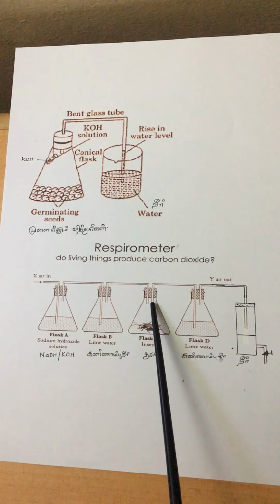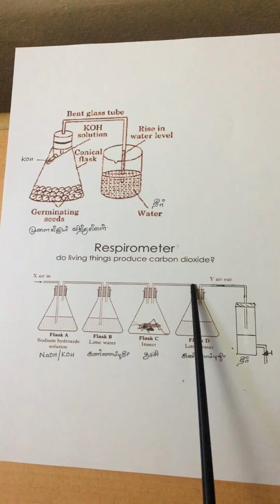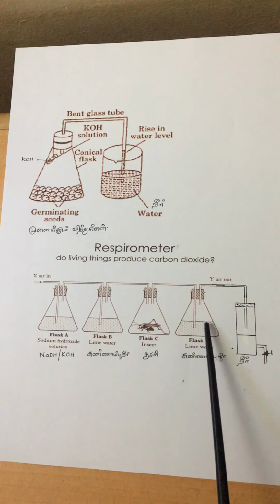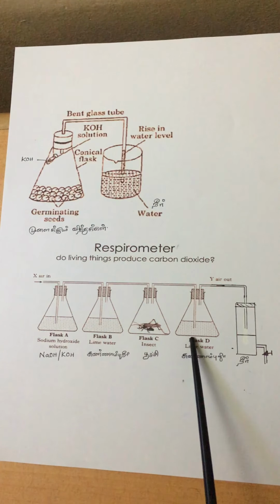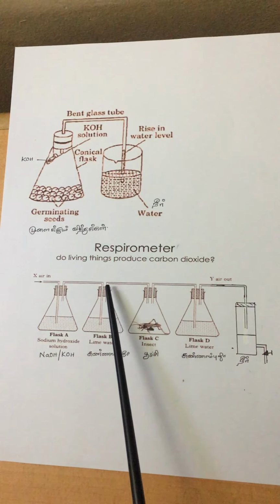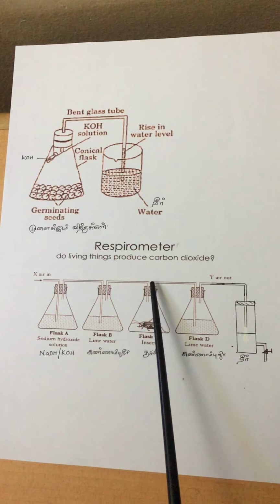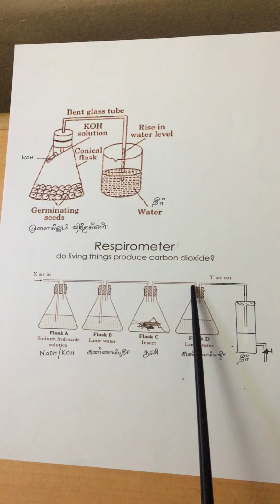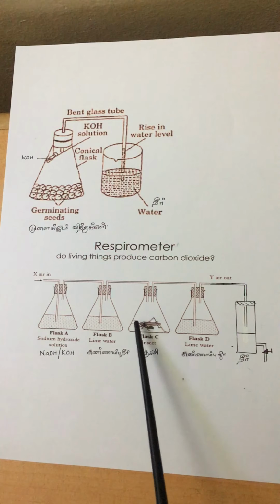So the air released from flask C contains CO2, and due to that CO2, the lime water in flask D turns milky. This shows that CO2 is released by the insect, because the entering air has no CO2, but the air released from C has CO2. Therefore CO2 is released by respiration.